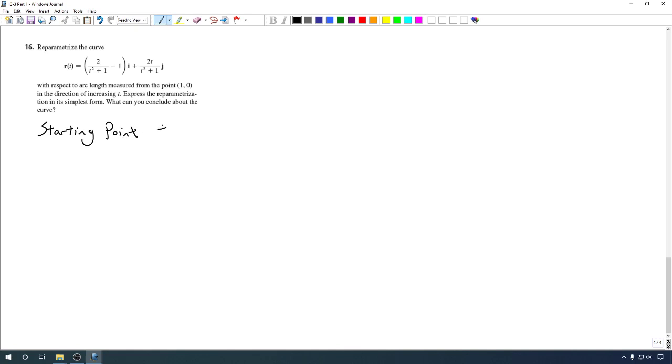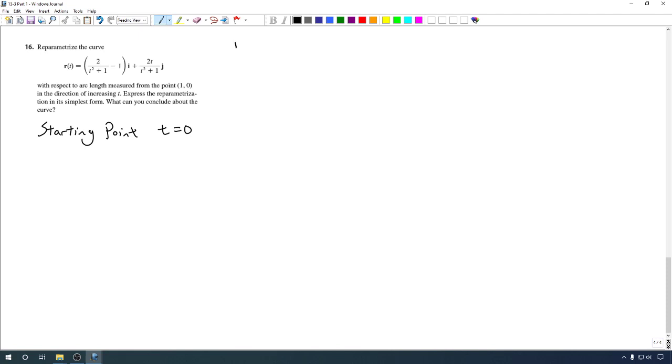If we just take t equals 0 and plug it in here, then we get 2 over 1 minus 1, which is 1, and then 0 over 1, which is 0. So t equals 0 is our starting value for this starting point.